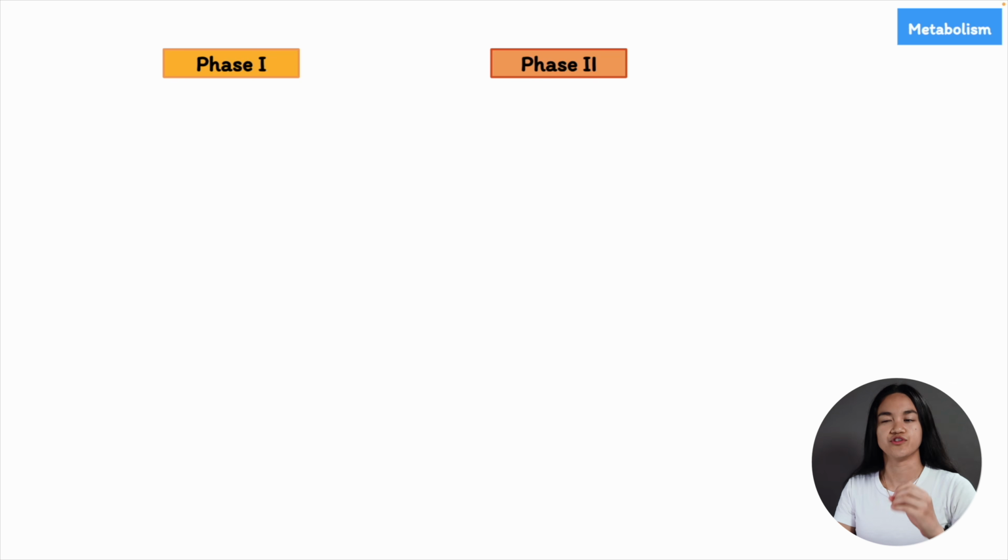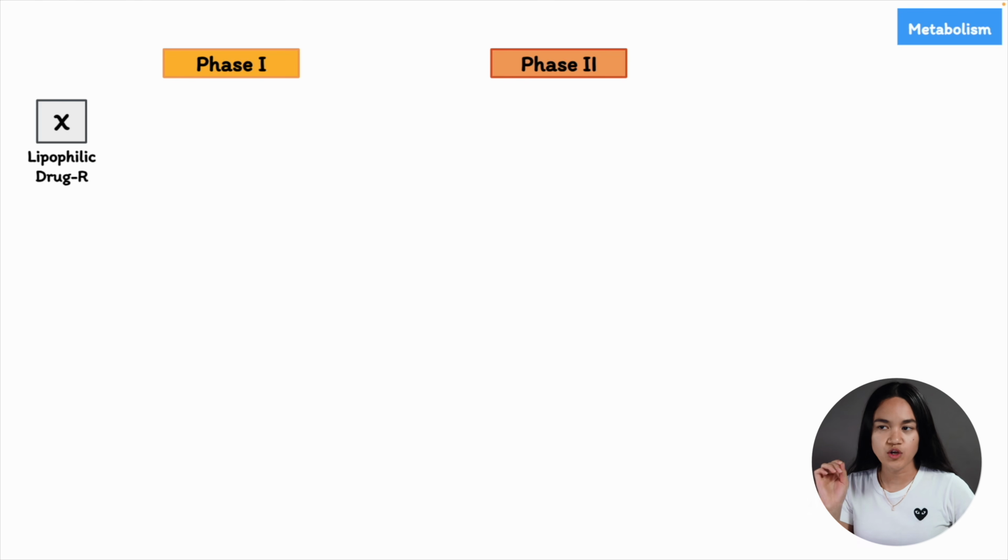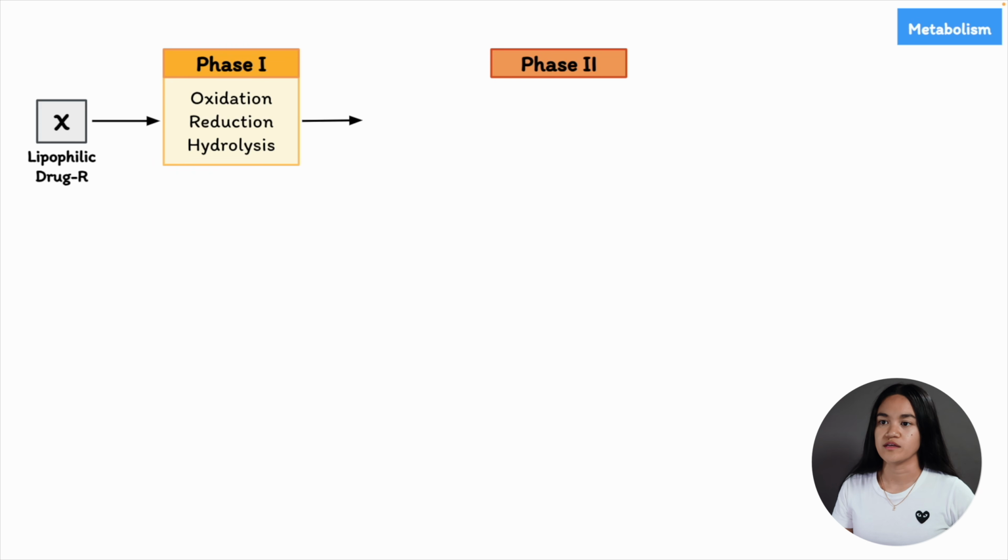Phase 1 reactions generally prepare for phase 2 reactions, and what I mean by that is, let's say we have a drug X. This drug is lipophilic, and remember the goal is to make it more hydrophilic, more polar, and water soluble. The way the body is going to do this is perform a phase 1 reaction on this drug here. It's going to attach a functional group, generally a hydroxide, okay, an OH.